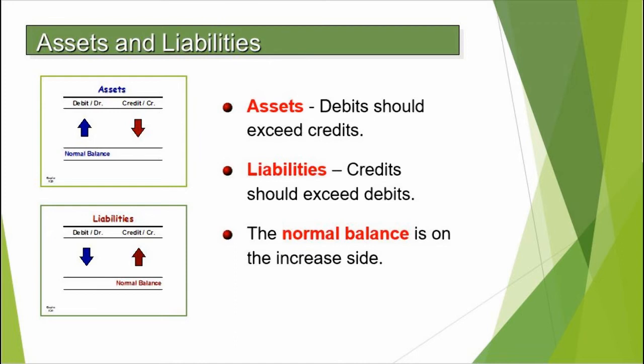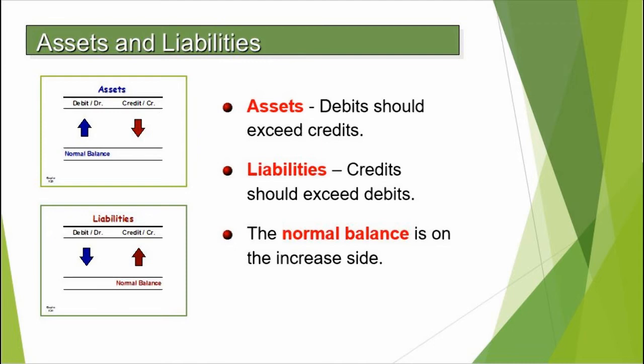These illustrations show the normal balance for assets and liabilities. We can see here that the normal balance of assets is on the left side and the normal balance of liabilities is on the right side.